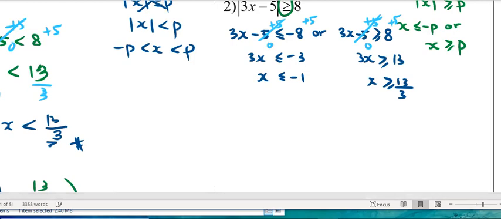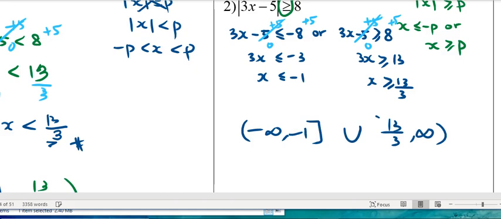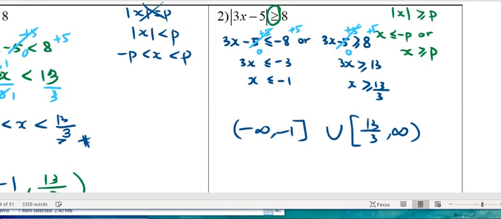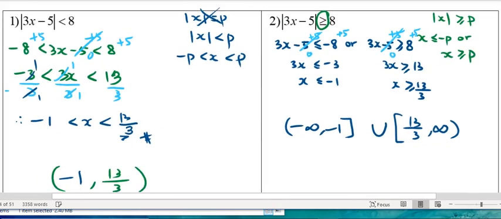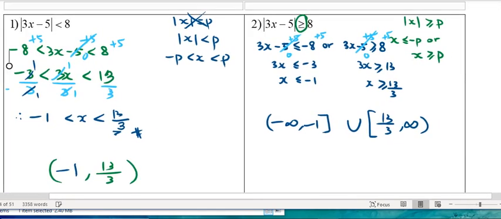So you have negative infinity, negative 1, or this is positive 13 over 3. This is included. So that's the answer, because the question wants you to state your answer in interval form. So that's the answer for 1 and 2.